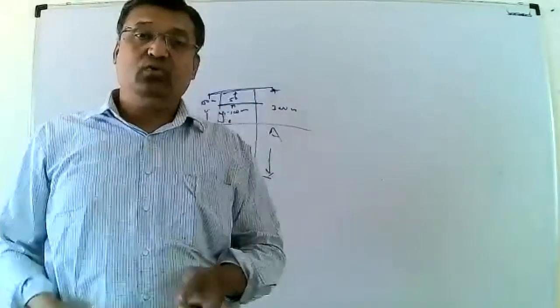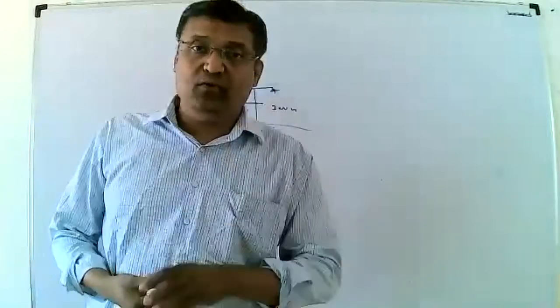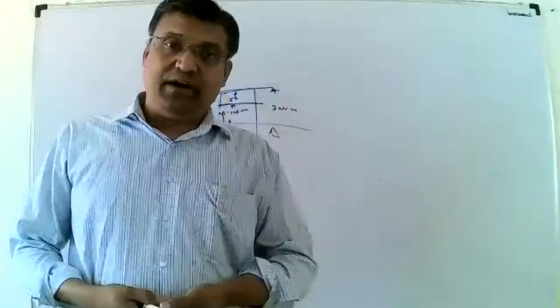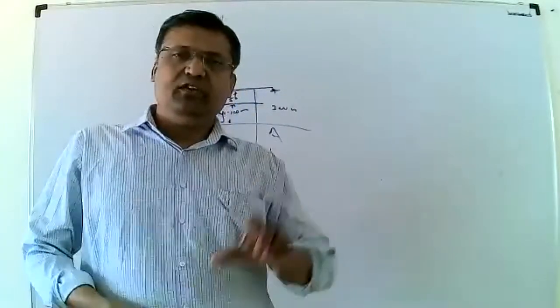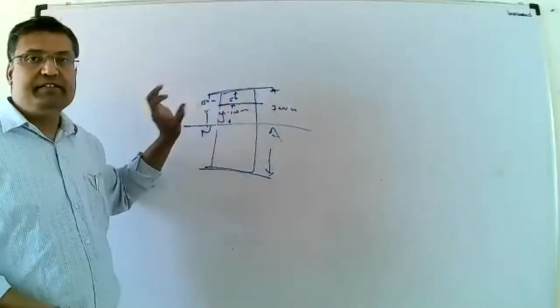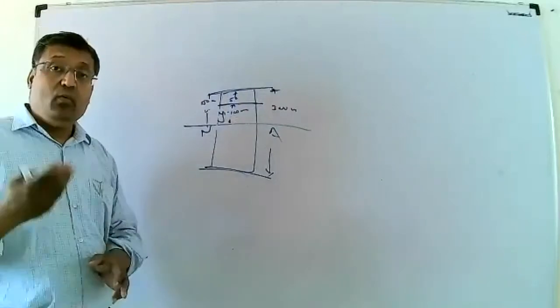How do we measure the distance y from the neutral axis? Suppose a layer above the neutral axis is provided, or a particular distance from the top layer is given. Then the total distance, 150 minus 50, the remaining 100, is considered as y.